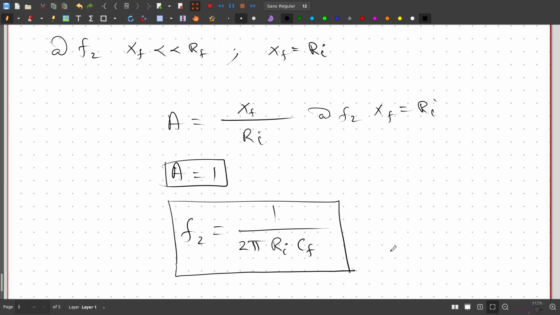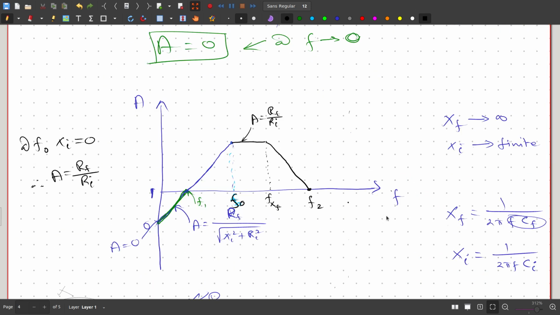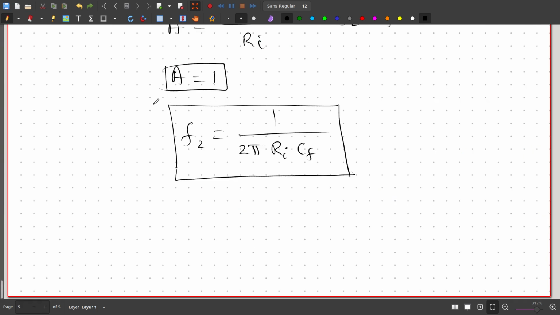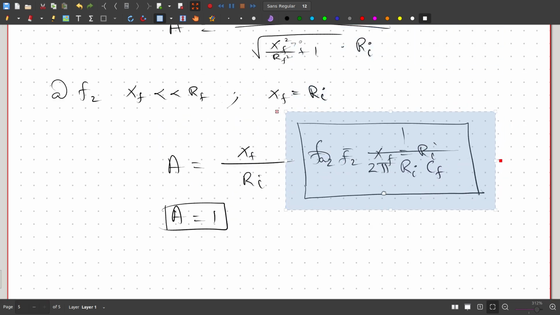This is the second cutoff frequency. So in order to have a faithful differentiation, a good accuracy, we need to operate between these two frequencies. So let me summarize what's going on here in the frequency diagram.